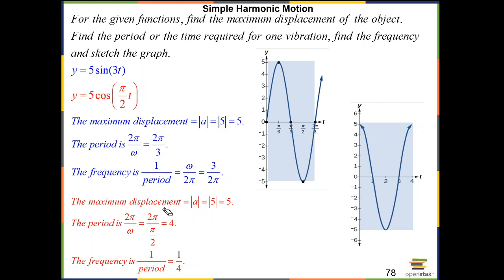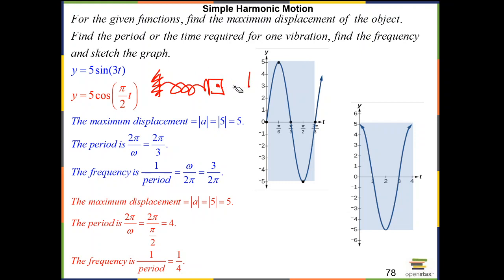The maximum displacement is actually the amplitude. That means, let's say this is a spring and a weight. So maximum displacement means how much from some reference point, let's say from here, how much displacement do we have? The maximum would be from some reference point.